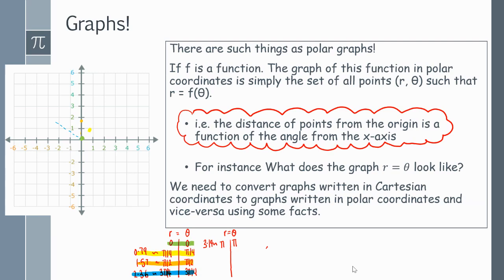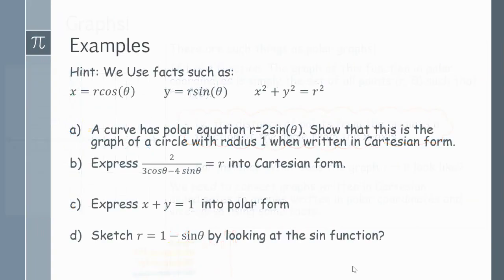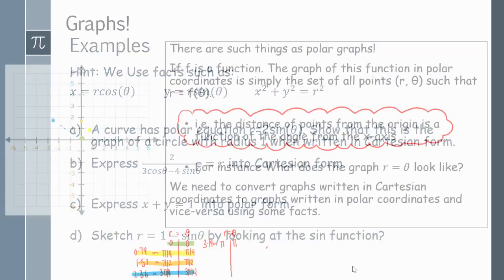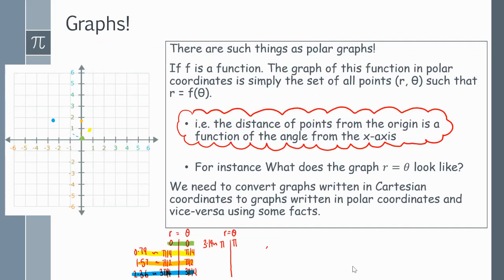Somewhere here, and now my distance is a bit longer. It's 2.36 units from the origin. So that's my next point.